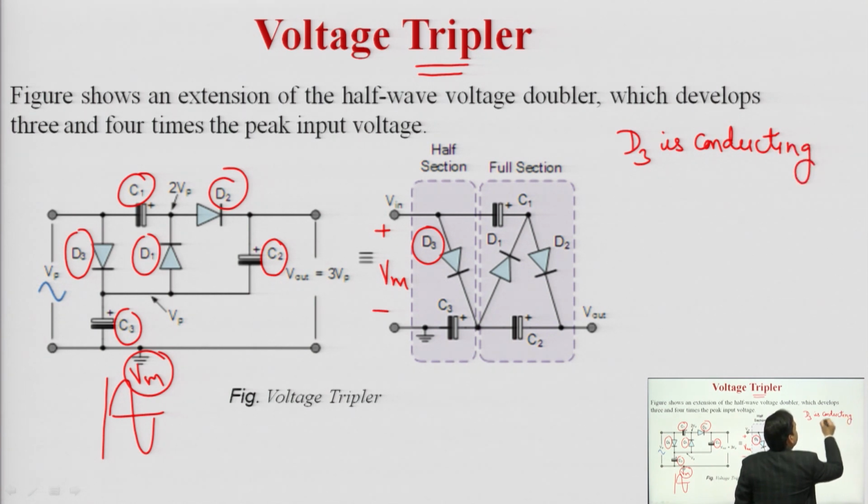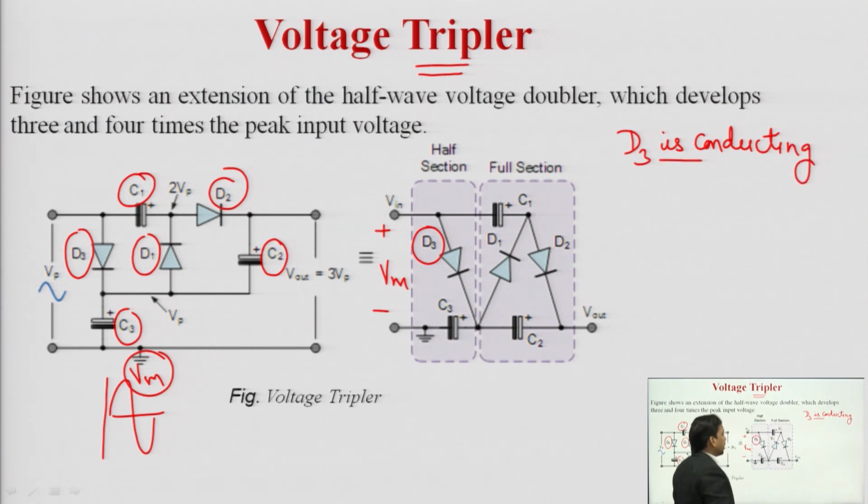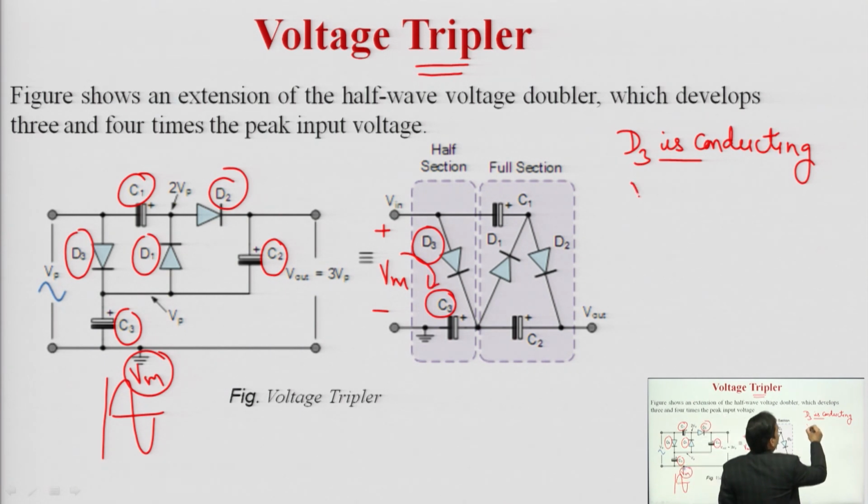Once the diode D3 is conducting, meaning D3 is short circuited, then this capacitor C3 will be charged to the maximum value. Because the current will flow in this particular direction, Vc3 is nothing but Vm.